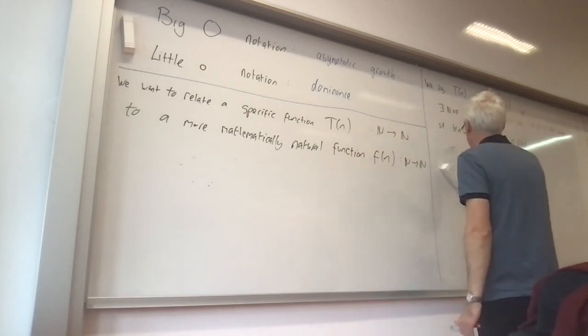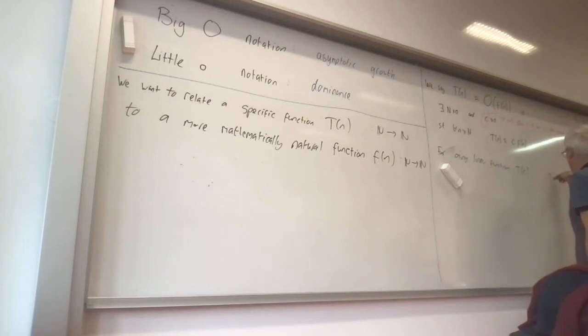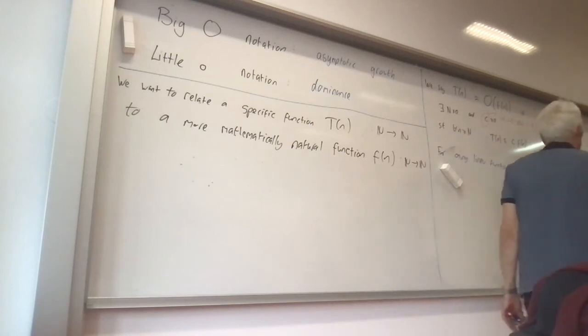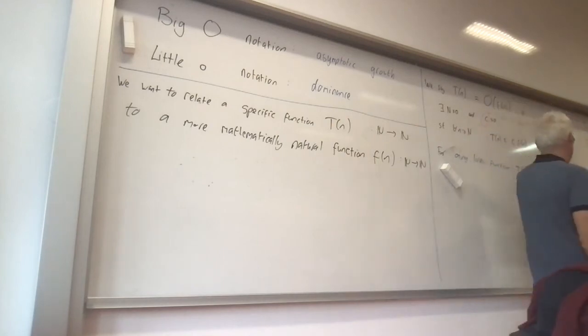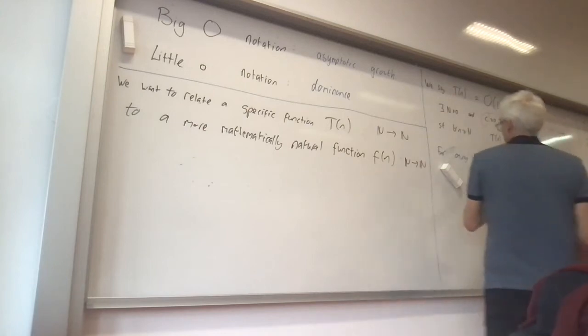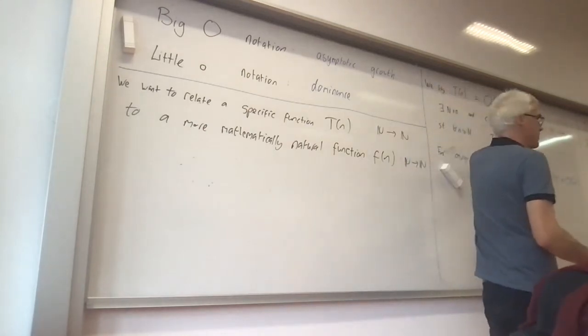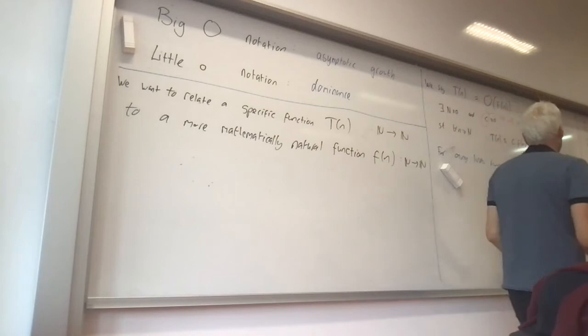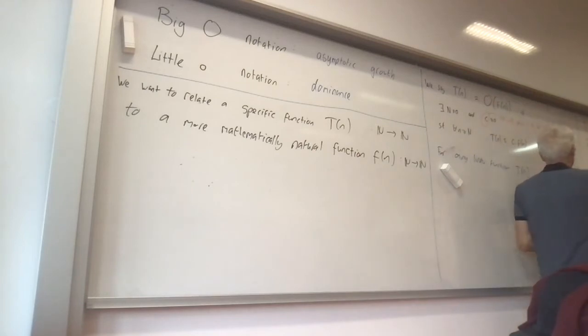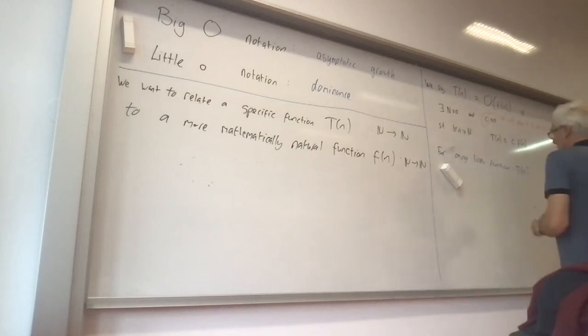For any linear function T, we have T of n is big O of n, because the constants can be absorbed into the big N and the little c. So any linear function is eventually dominated by some constant multiple of the identity function.